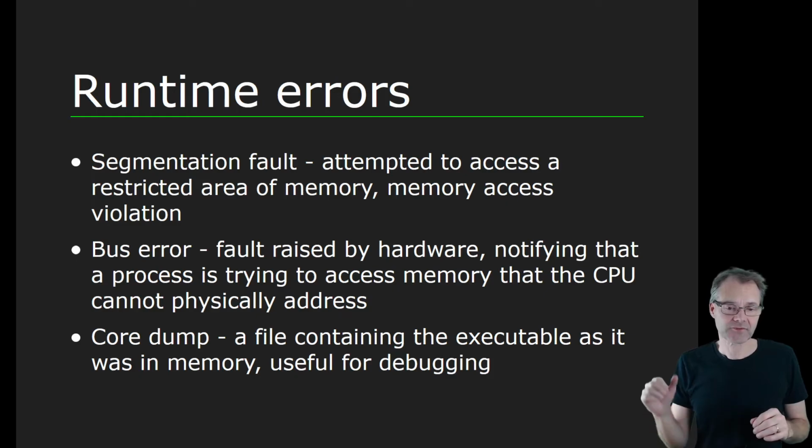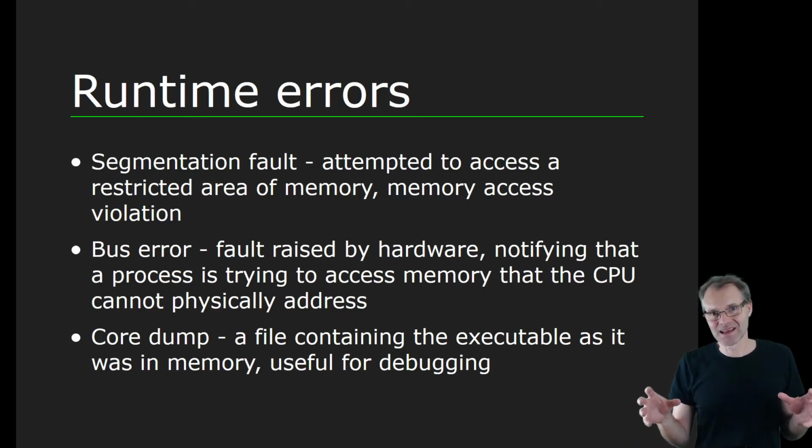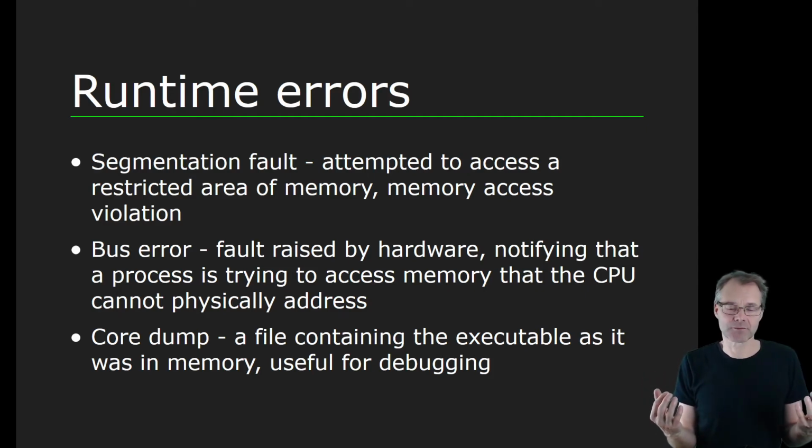Core dump is good to know when we talk about this, because that is generally a file that, if you have done some settings in your operating system, you will generate a core dump file when a process is failing with a segmentation fault or a bus error.